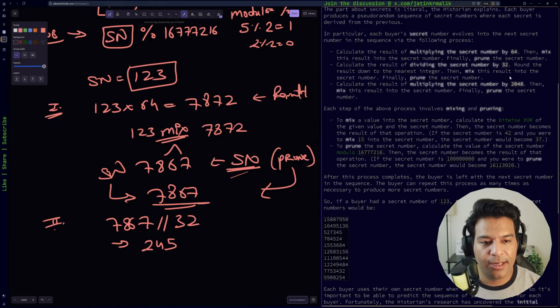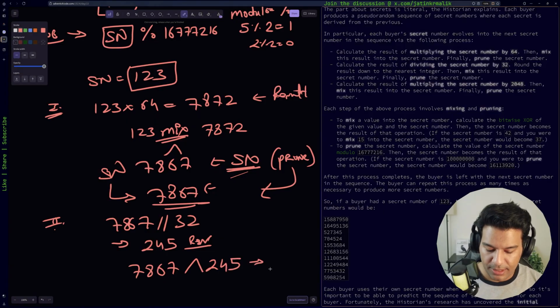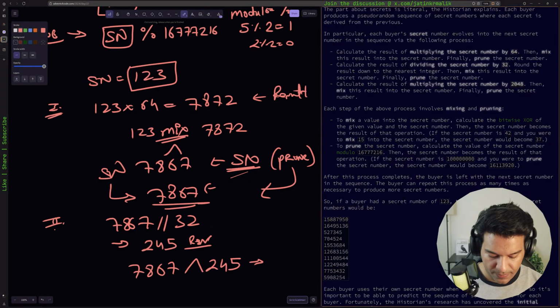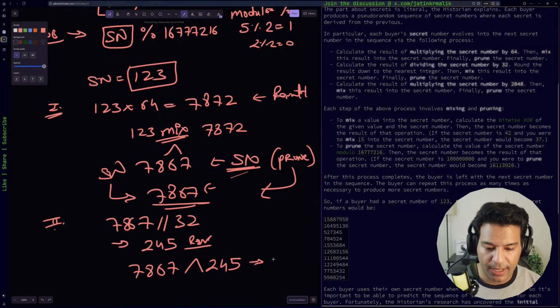Then mix this result into the secret number. Our secret number was 7867, our result was 245, and mixing is XOR. 7867 XOR 245 gives an answer of 7758.